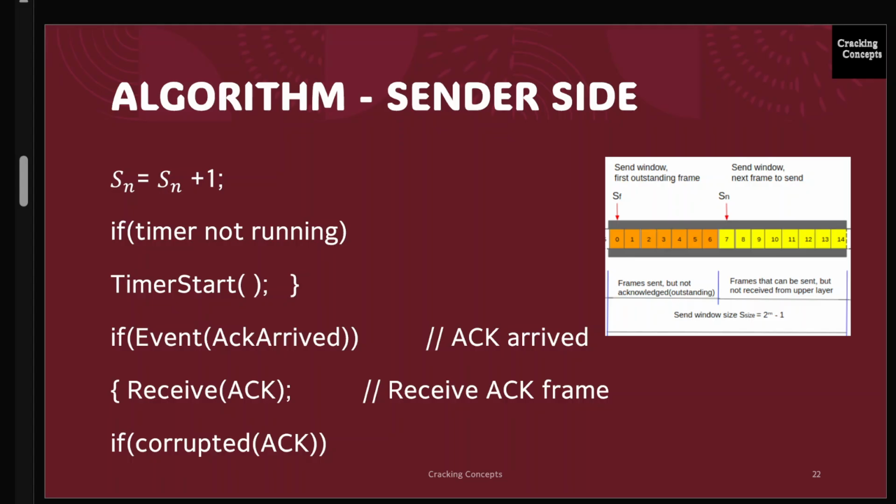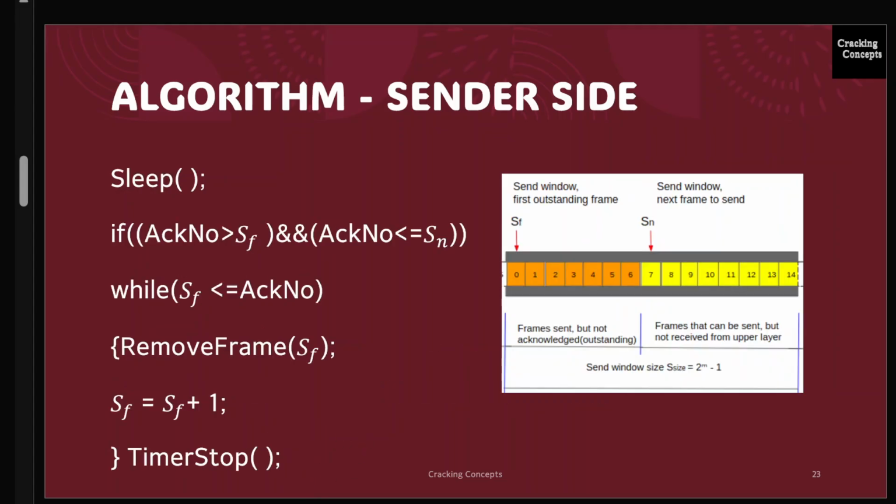If the event is that an acknowledgement has arrived, then it will receive the acknowledgement. If the acknowledgement is corrupted, it will go into a sleep state.